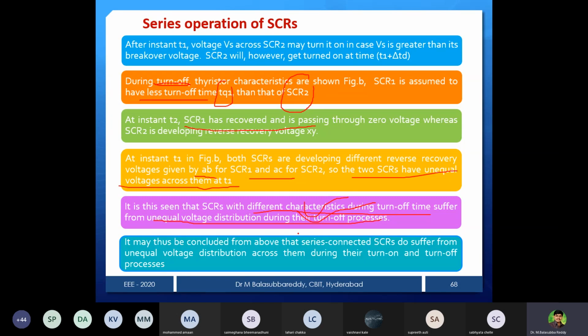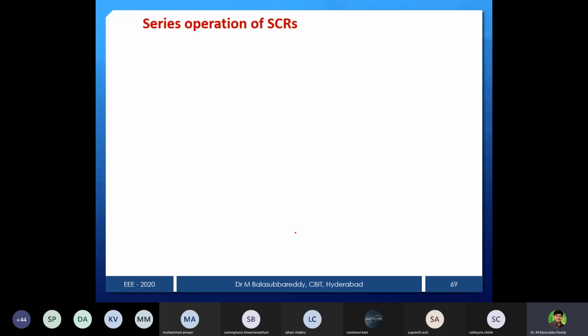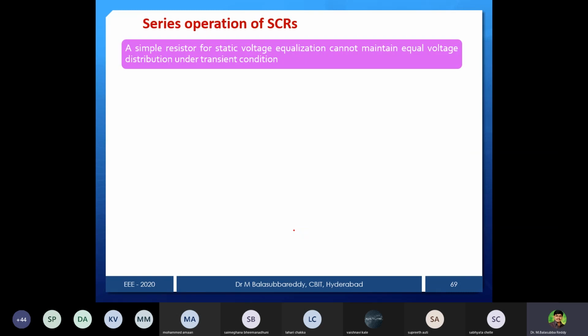So it may thus be concluded that series connected SCRs suffer unequal voltage distribution during turn on time as well as turn off time. These are the two other problems: unequal voltage distribution during the on process, and during the off process also. For that, what is the problem? A simple equalizing resistor across the SCR cannot maintain equal voltage distribution under transient condition.